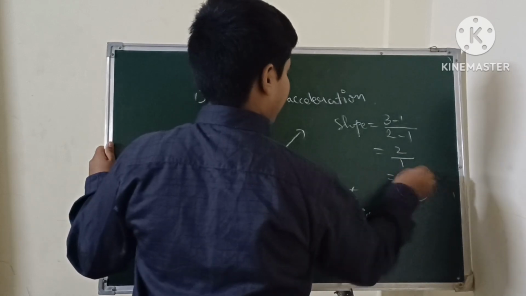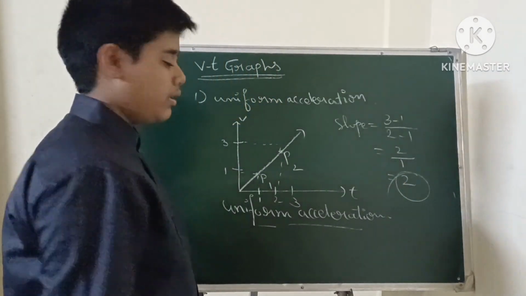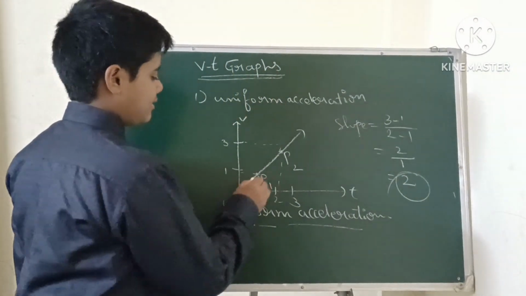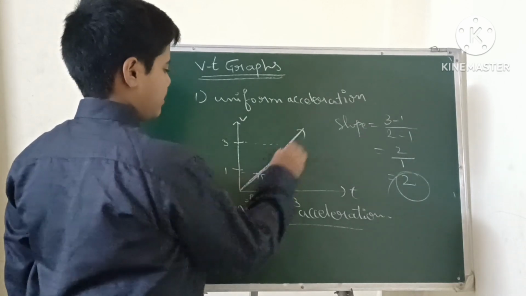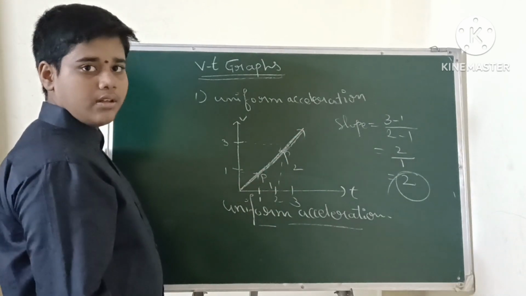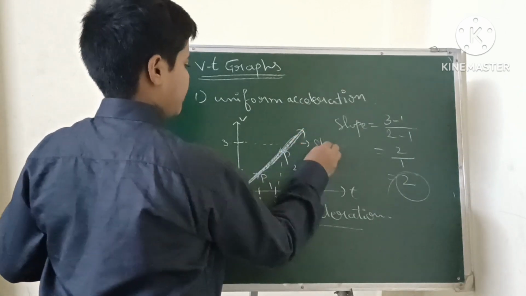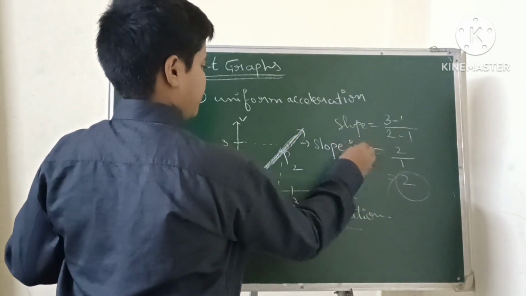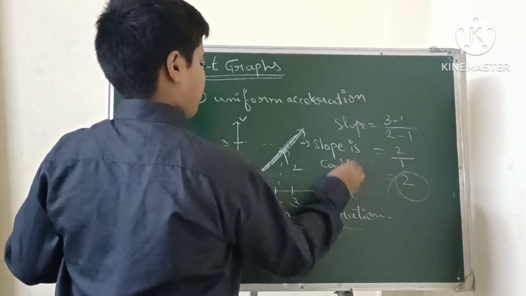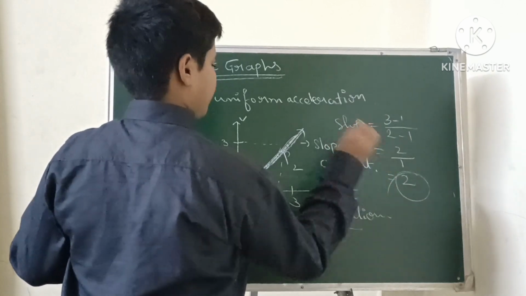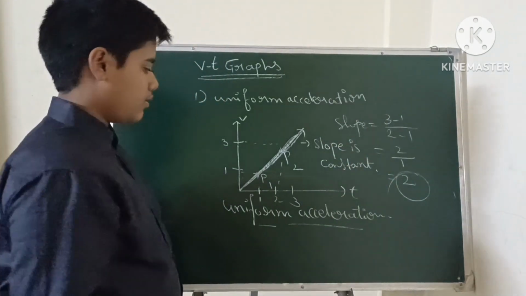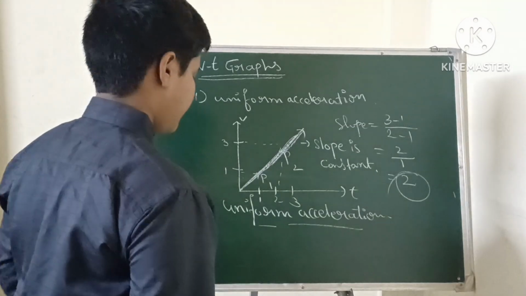So the slope is 2. We can say that the slope is constant because this is a straight line. So this is the first graph, uniform acceleration.